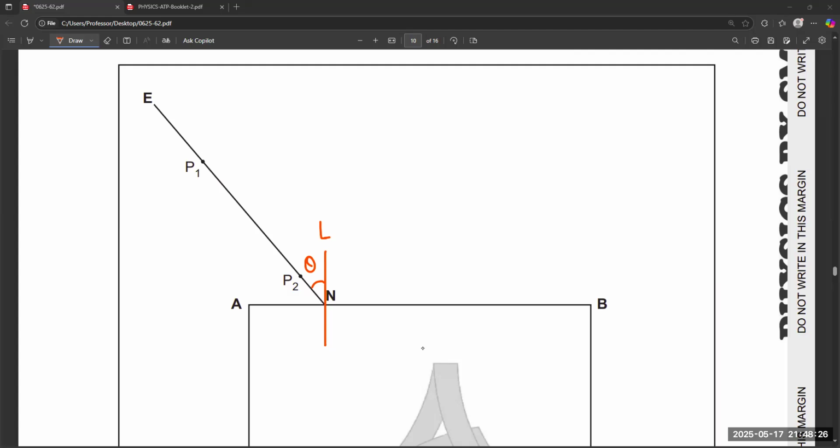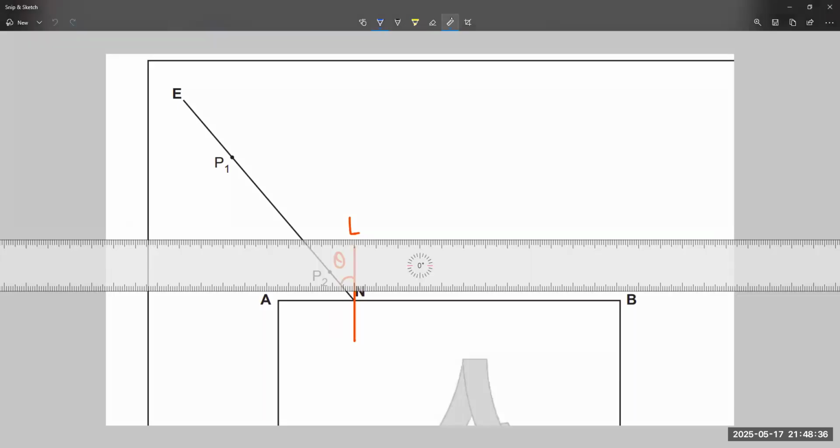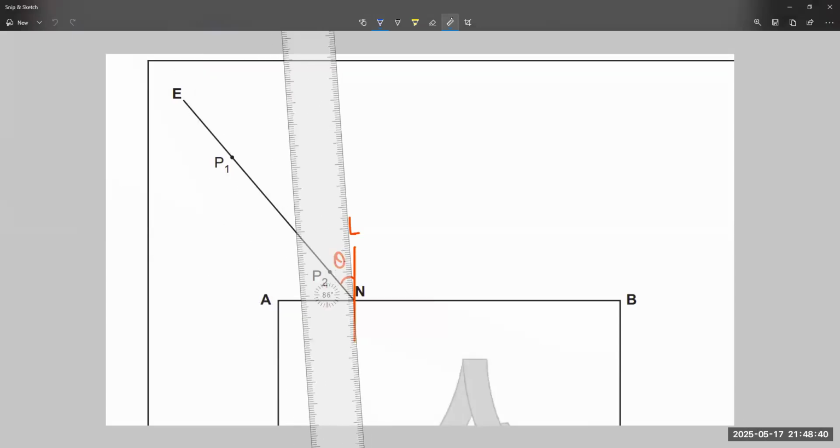Right now on the screen, I don't have a protractor, so for example, if you start counting, this is 90 degrees. We know that in a protractor, we have 90 degrees in the center.